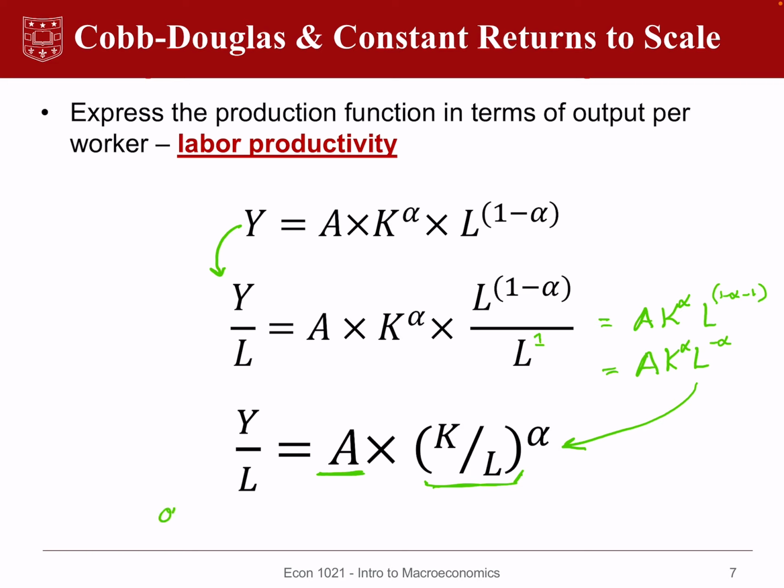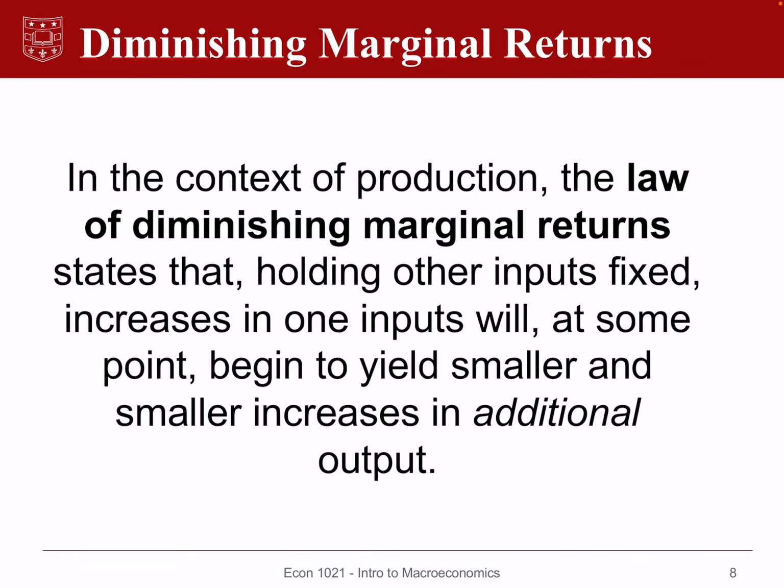But this is saying that output per worker, which is what we want to think about because that correlates with output per capita, and our notion of standard of living and well-being, is related to technological progress and capital per worker, physical capital per worker. And this is just what we said in the prior set of notes, but now we're just doing it with a bunch of letters.